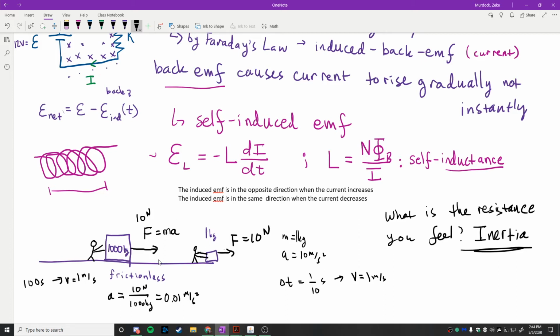So it's not the weight, though. Would you guys agree? Can you guys agree with me that it's not the weight of the object that makes this harder? It's the mass of the object? Nah, it's not just that. It's that mass is what inertia is.